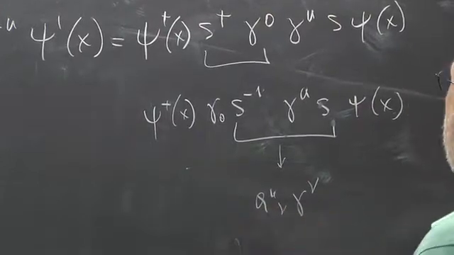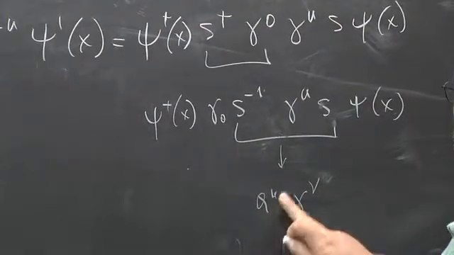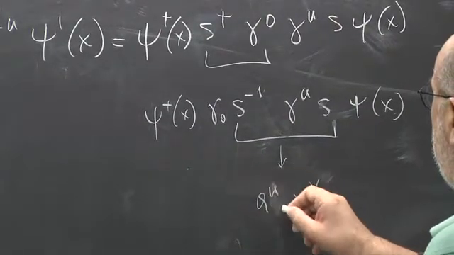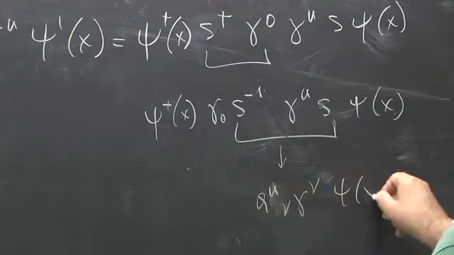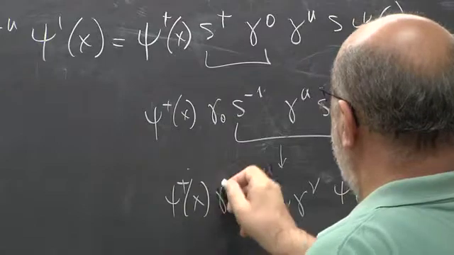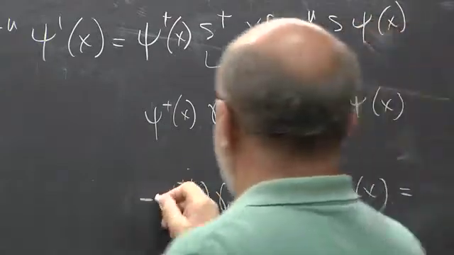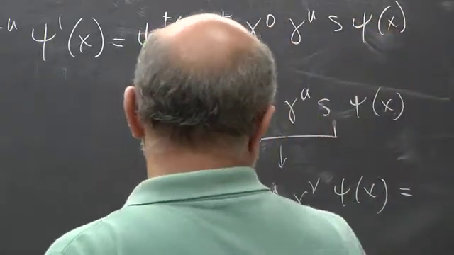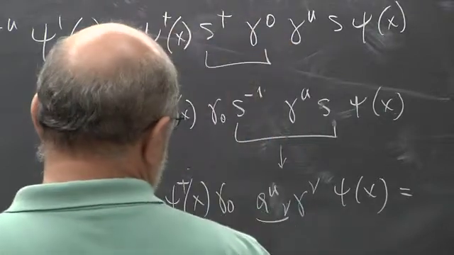Okay, and I get this quantity. Then I have psi of x dagger gamma 0. But now these are numbers, I can bring them out.